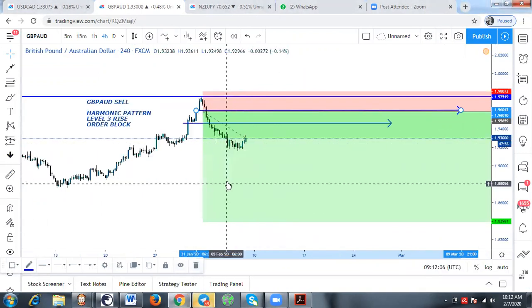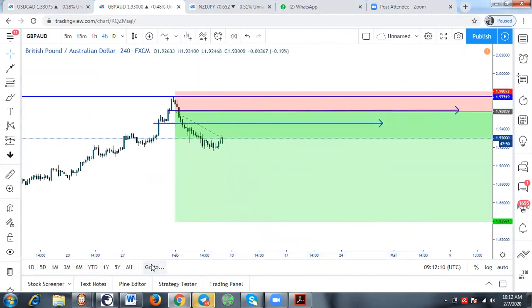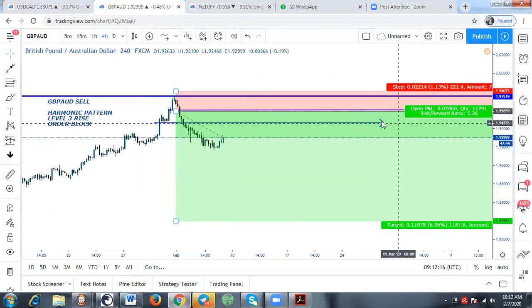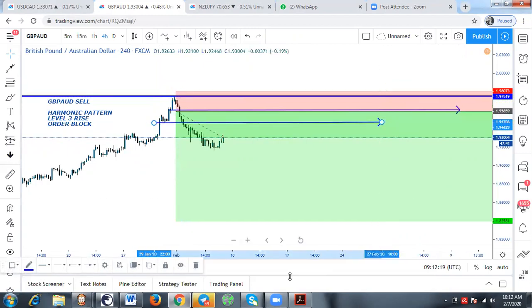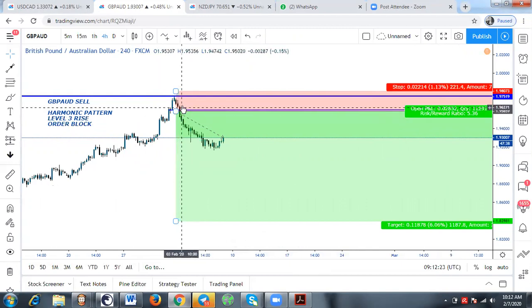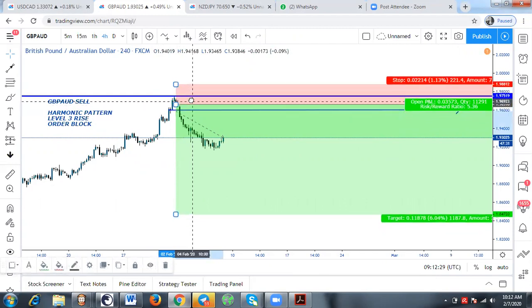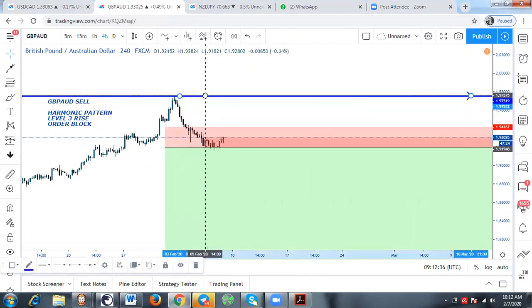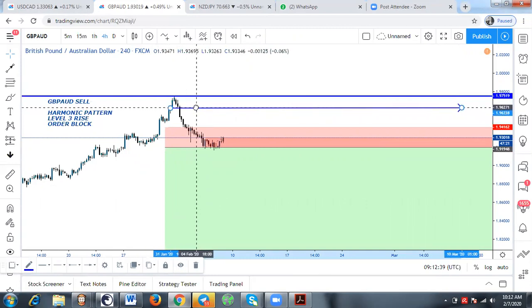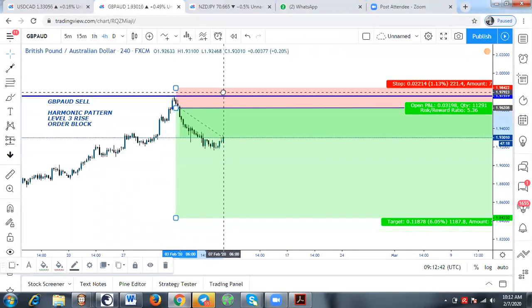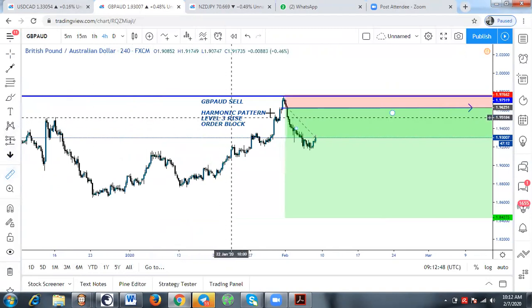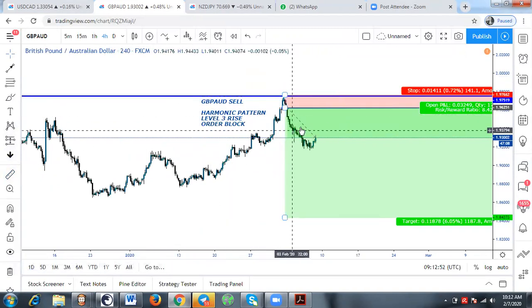Let's see. Now, how many pips is that? 130 pips. All right, that's okay.